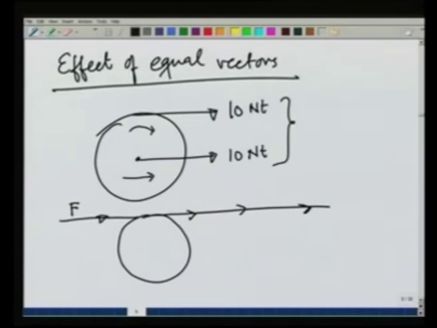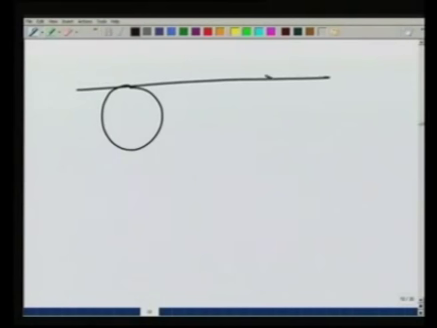So, equality of vectors has to be further specified by something else, and that is, if there is a vector and no matter where I apply it along the line of its application, the effect is the same, then it is known as a transmissible vector.